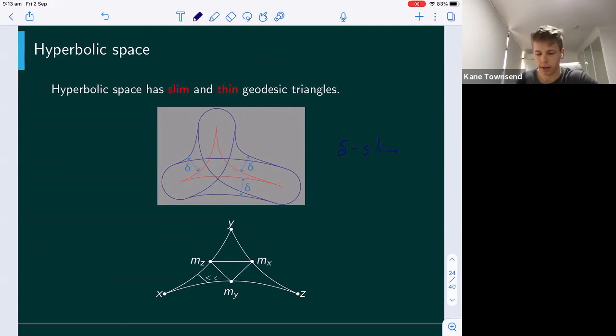And then the less standard sort of definition is epsilon thin. And so what you do is you take your geodesic triangle and you can construct these points on these sides so that this side length is equal to this one, this side length is equal to this one, this side length is equal to this one.